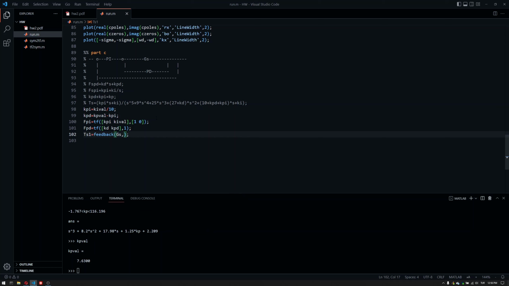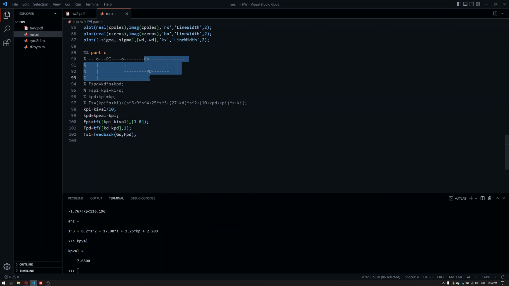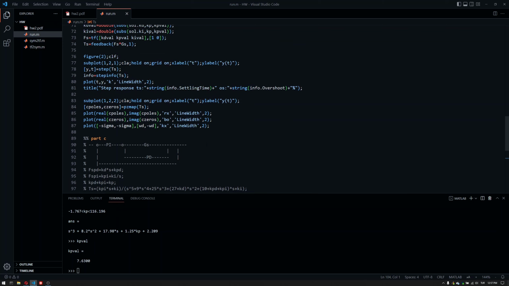And here I have GS and FPD because of this structure here. And then the actual transfer function would then be the feedback between FPI times TS1, 1 because of the outer loop here. The inner loop, then the outer loop, and we are good to go.